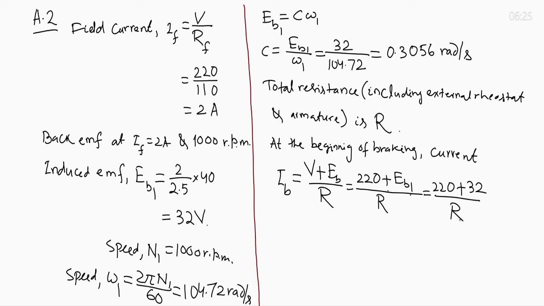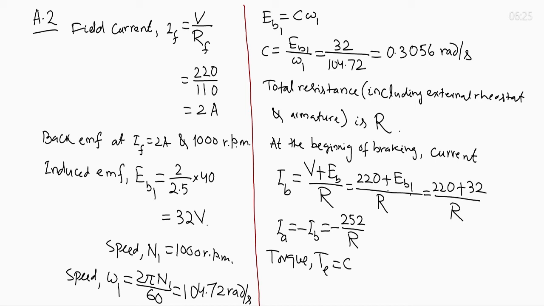So, you can write now current IA is minus of IB, so minus of 252 by R. And what is the braking torque? TE equals C into IA.